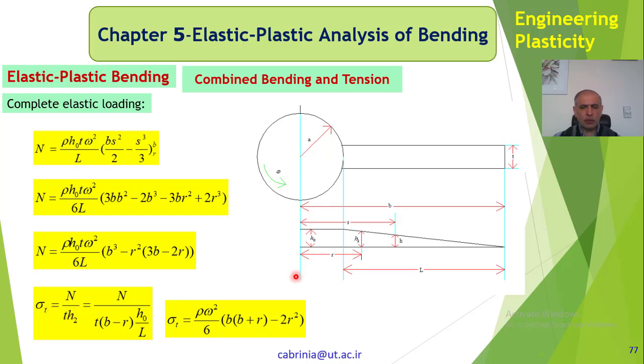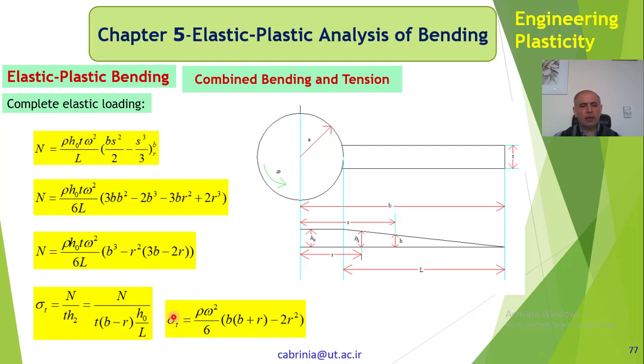But because H2 is related to R, I substitute for H2 what I had before, (B minus R) H0 over L, from these triangles. So sigma T becomes rho omega squared over 6B times (B plus R minus 2R squared).